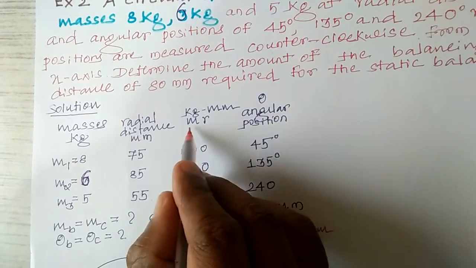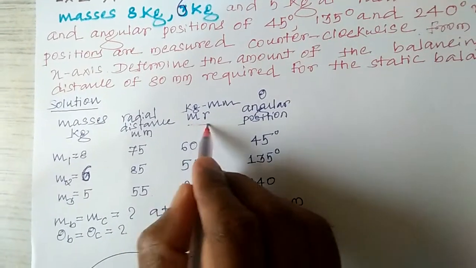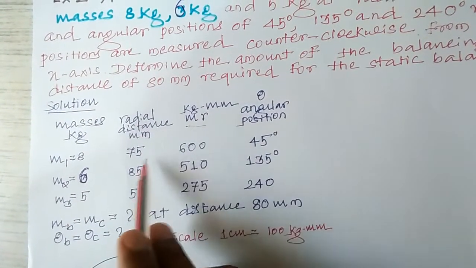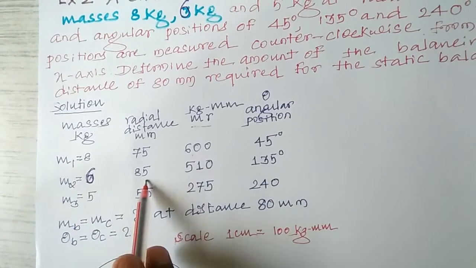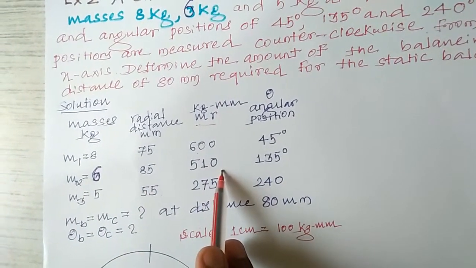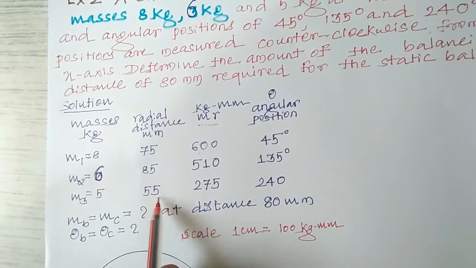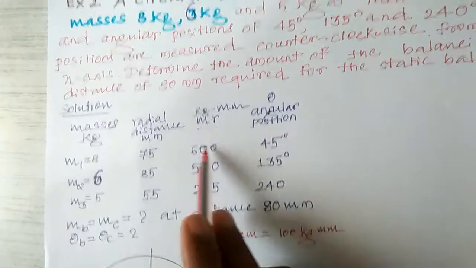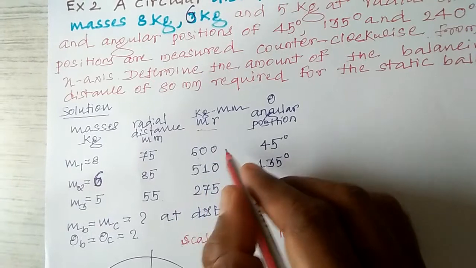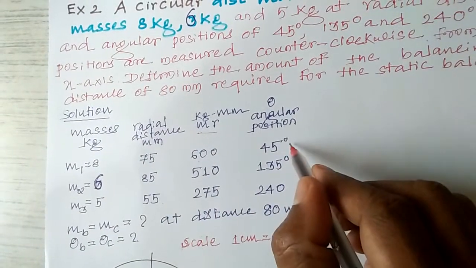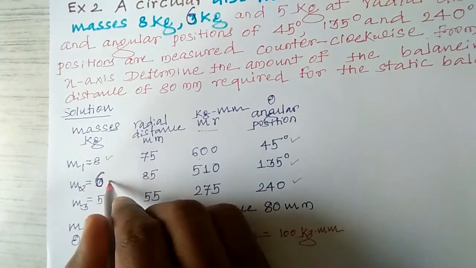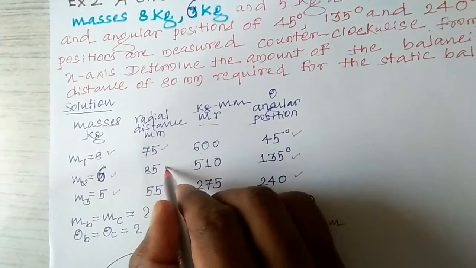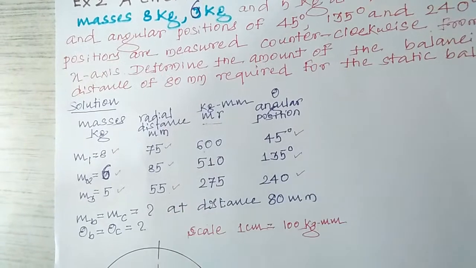Then you have to find mr. I will multiply: 75 into 8 comes as 600, 6 into 85 comes as 510, and 5 into 55 comes as 275. You have to calculate this using the data. The angular positions are already given. These are the given things.